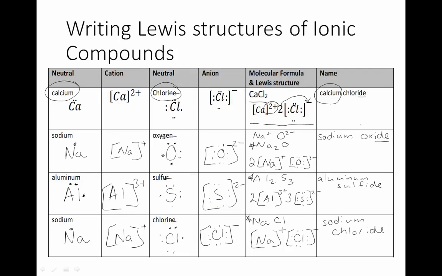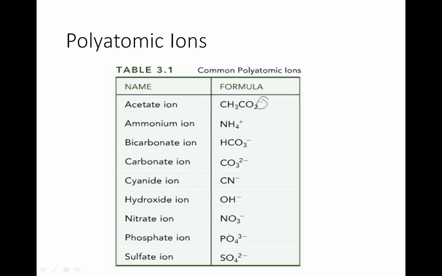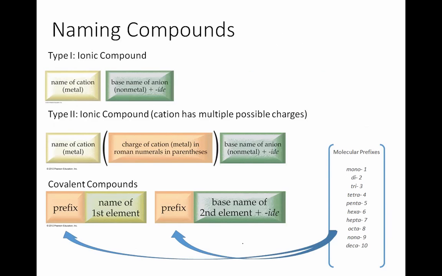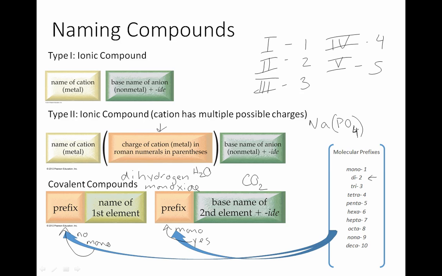Okay, and if we go back, if we look at phosphate, it's PO4 with a 3- charge. So we cross those charges. It would be Na3PO4, and that would be sodium phosphate. Okay, so this ide only works if it's not polyatomic. If it is polyatomic, you just keep the name phosphate.